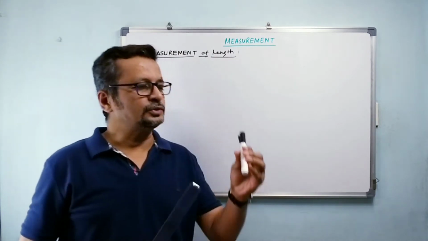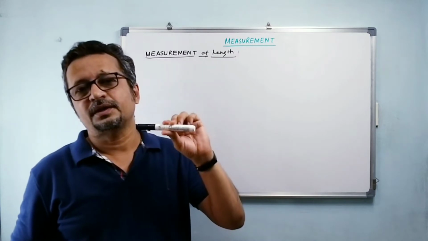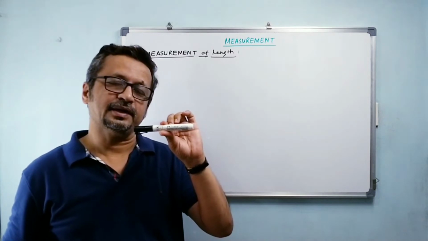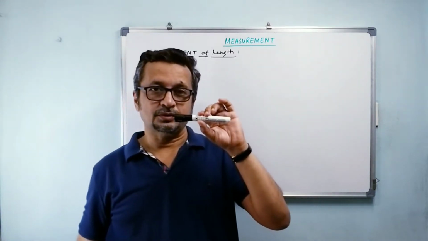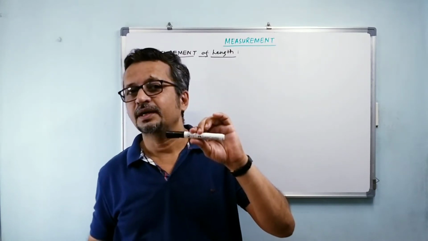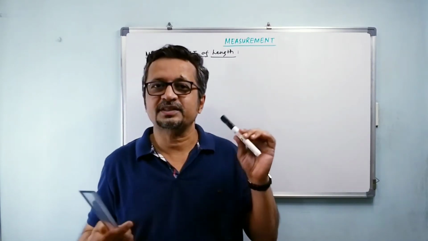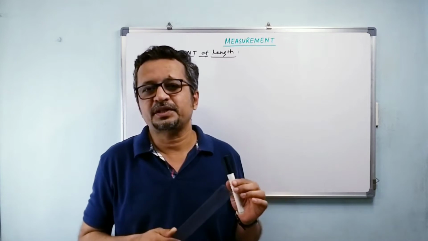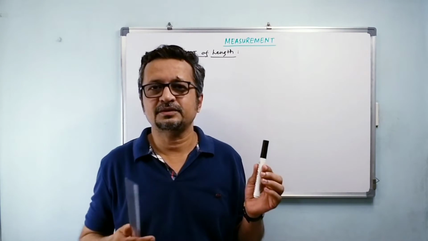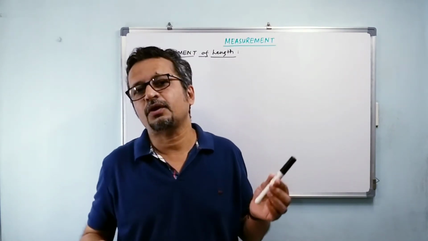Now suppose instead of measuring the length of this marker, I want to measure the length of a thin copper wire, and suppose the temperature conditions in this room change. Initially when I started, my AC was at 16 or 17 degrees and the room was pretty chilled, and after some time my AC is not working, maybe there is some power cut, and outside it is very hot.